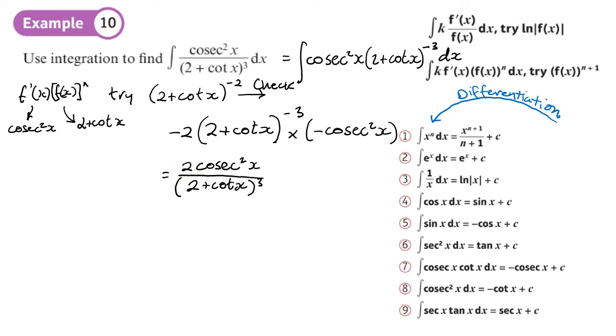So what do I do? I take what I've tried and I stick half in front, and that will deal with the 2. So final answer is going to be half (2 plus cot x) to the power negative 2 plus c. I hope I've been writing all the plus c's down.